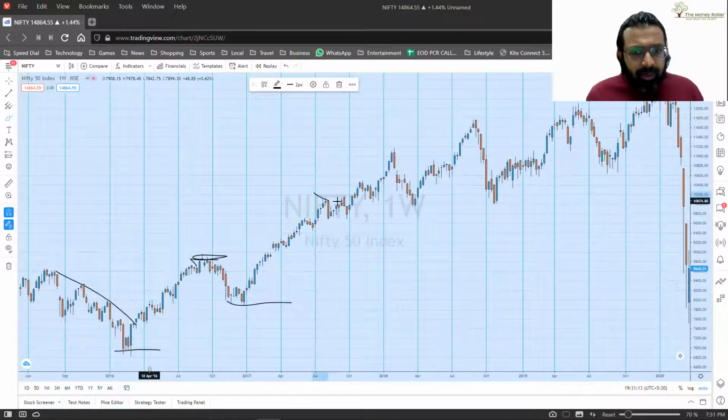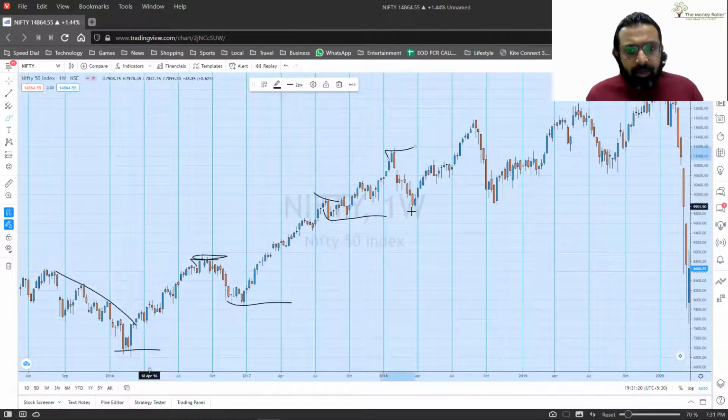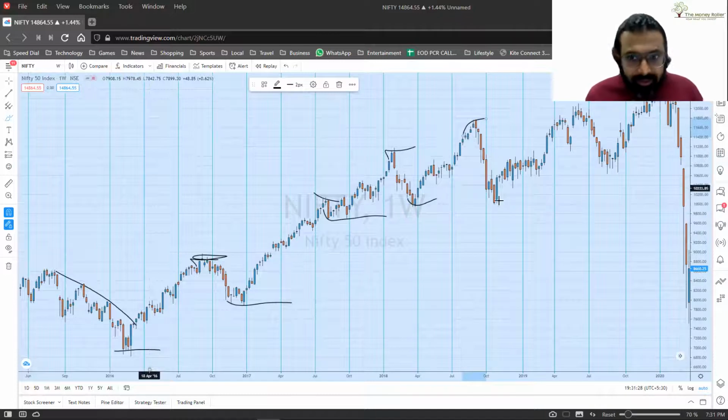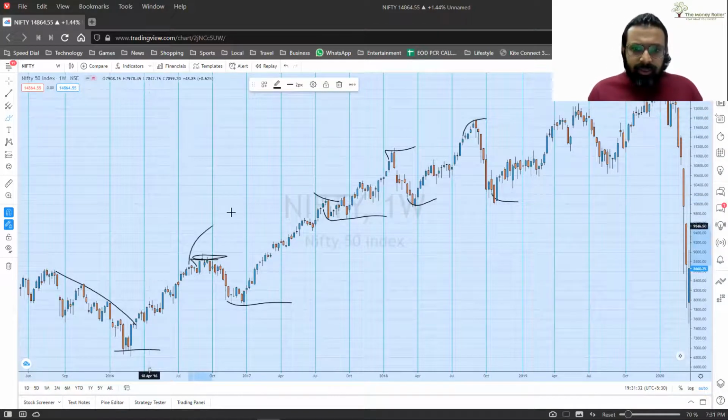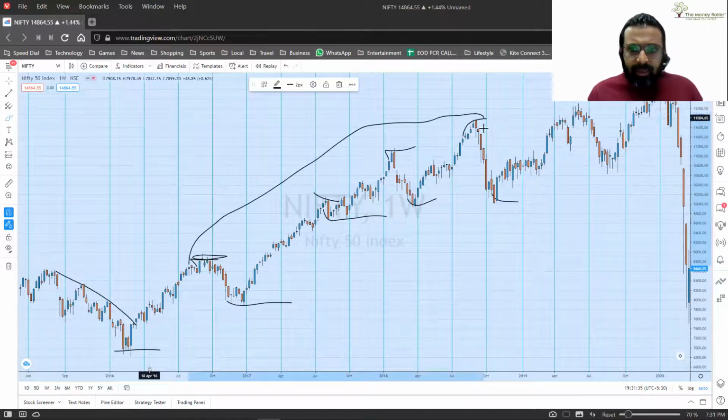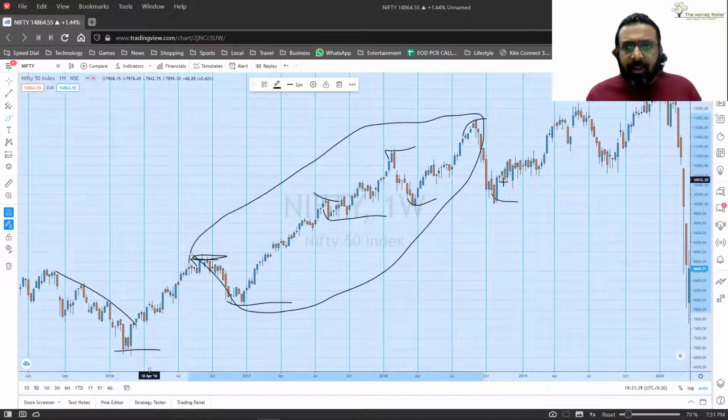Then again here it made a higher top, and again here it made a higher bottom. Again here it made a higher top, again here a higher bottom. Now here it made a higher top, and here it has not made a higher bottom. So this section entirely is an uptrend without any doubt, because of higher tops and higher bottoms.